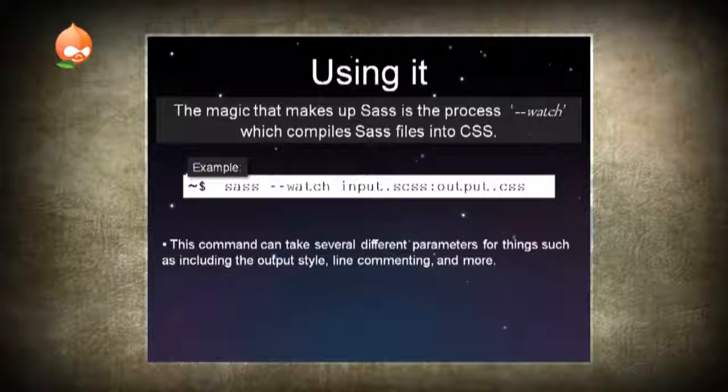And this command can take several different parameters, including the output style, and some things for line commenting. So it can even prefix things that it spits out or overwrites in your CSS file with where it came from in your Sass file for debugging purposes and stuff like that. And to get a list of all the commands, you can just run sass --help.